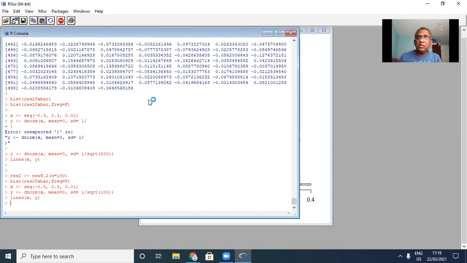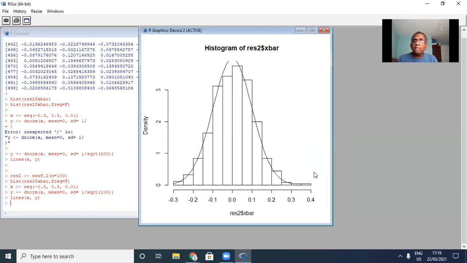This is what you get. As you can see, this is a pretty good picture. The simulated histogram is fitted pretty well by the density of the normal with mean 0 and variance 1 over 100.